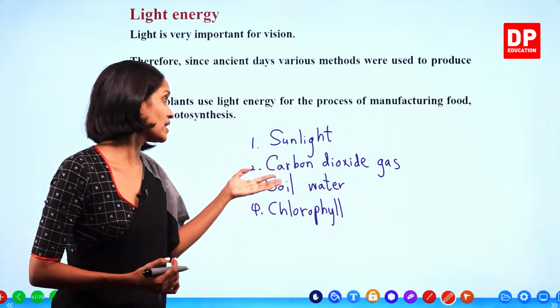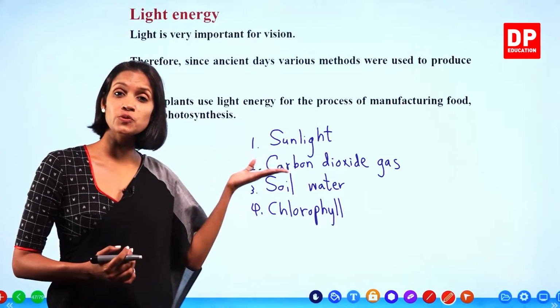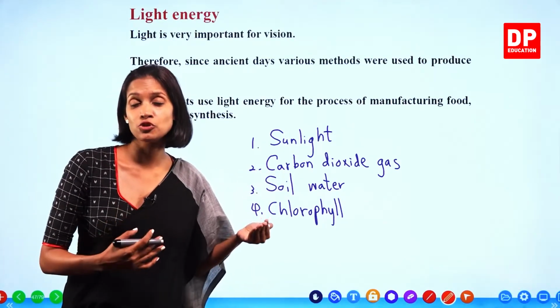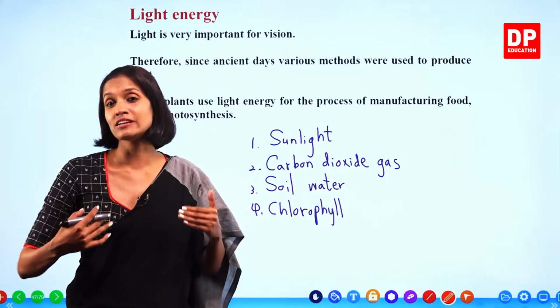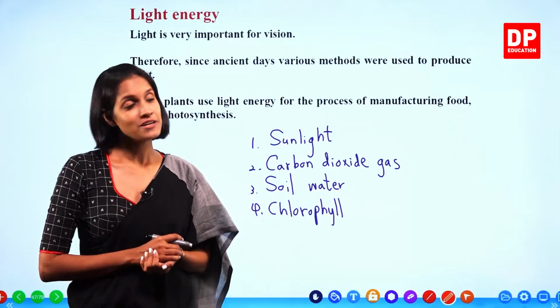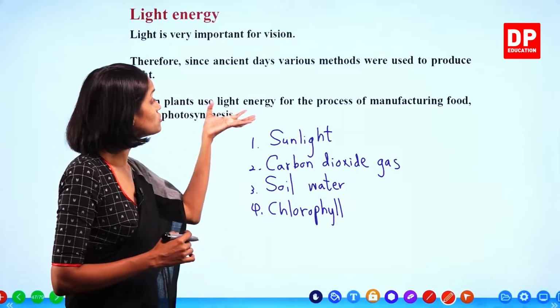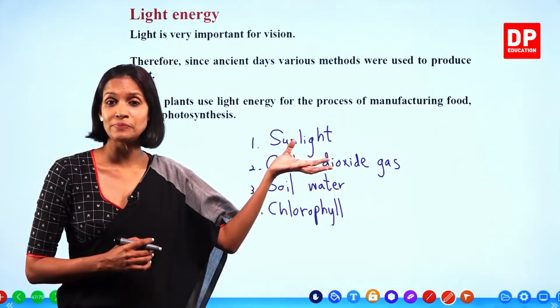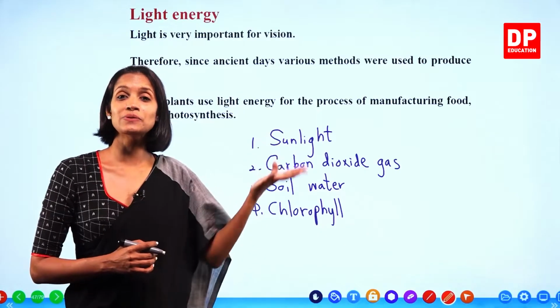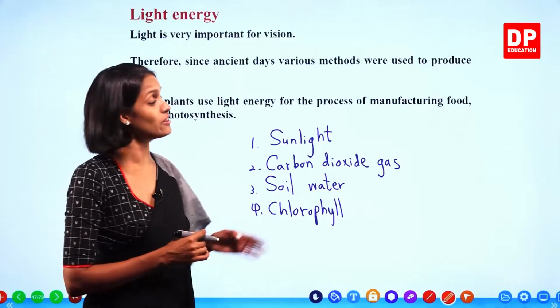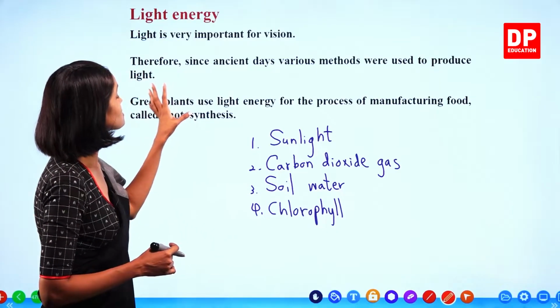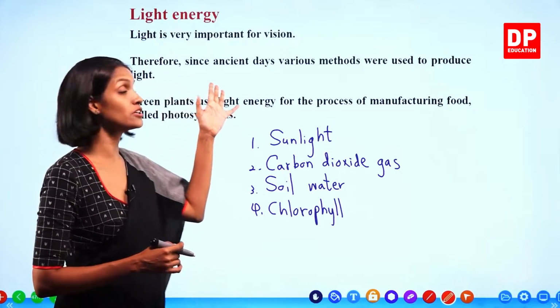Because of this process, life can continue, because all the animals directly or indirectly depend on green plants. If green plants couldn't do photosynthesis, what will happen? All the plants and all the animals will die eventually. Therefore, this process is very important to continue life.